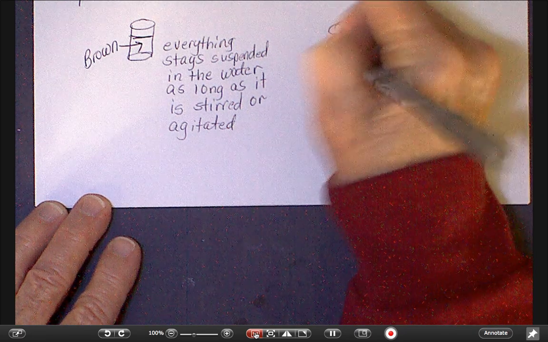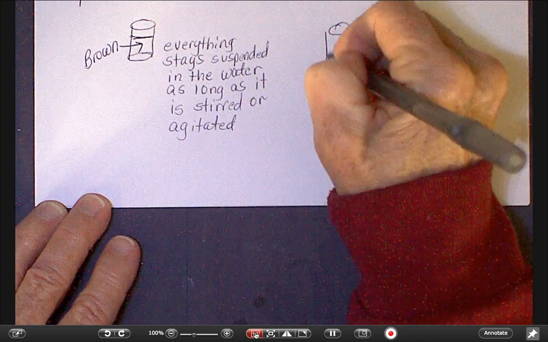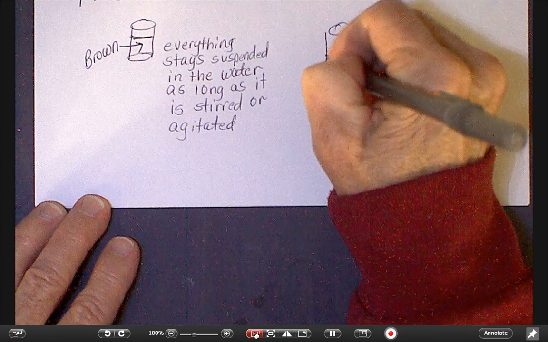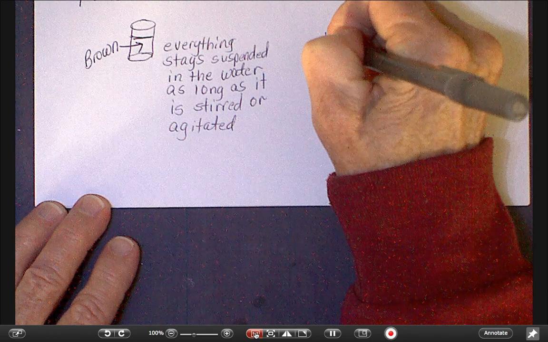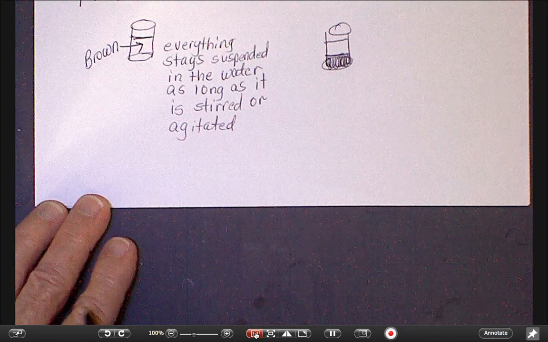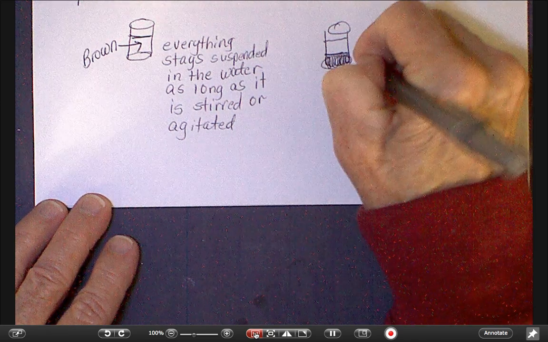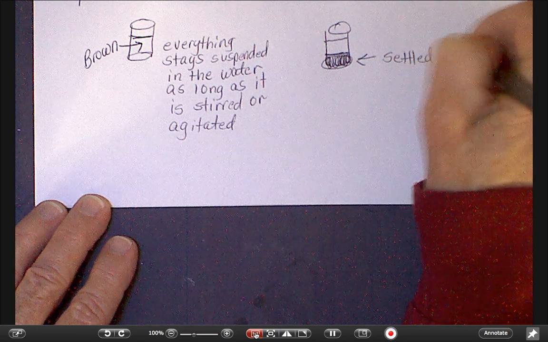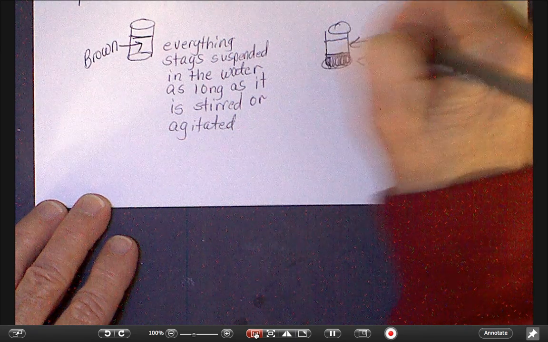When you leave it to sit, gravity takes over, and the heaviest particles will do what, kids? Settle to the bottom. So here you've got a column of dirt on the bottom with your water solution above. So this is your settled out dirt. And this is your water column.